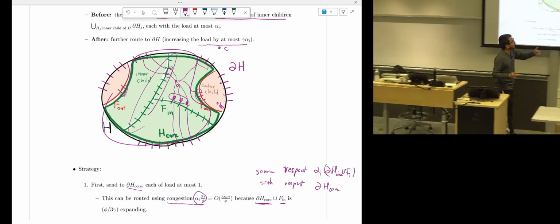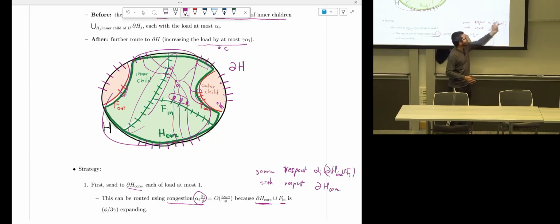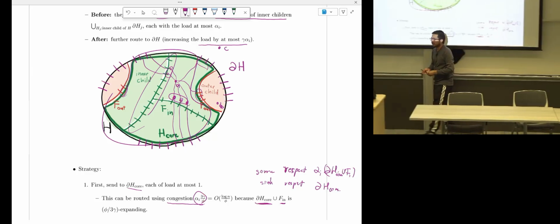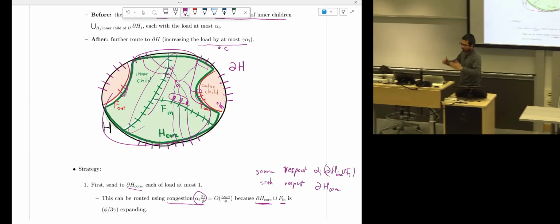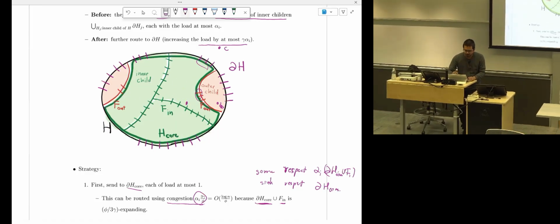So this just respects both of these sets, but this thing is expanding, so you can route with low congestion. So you get to the battery of the core with low congestion.